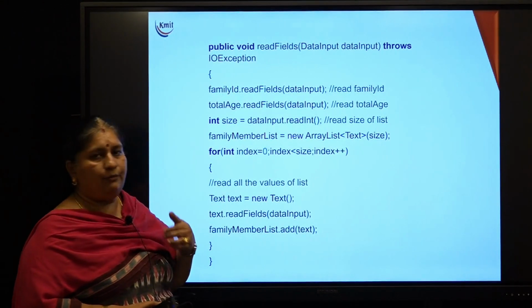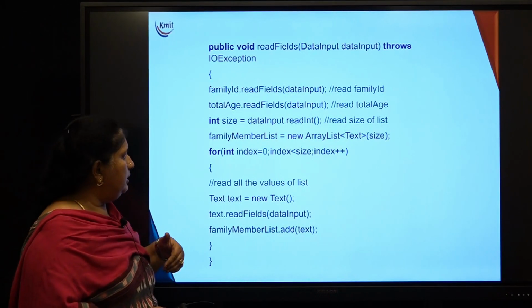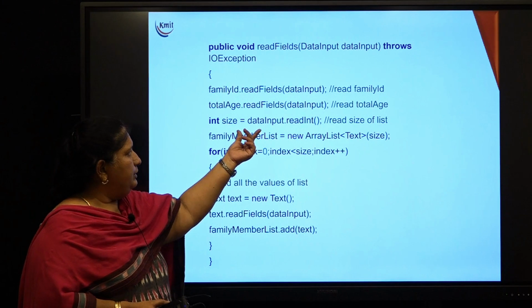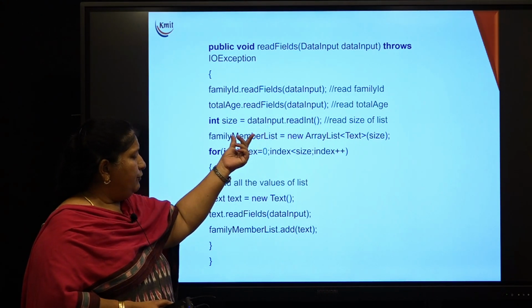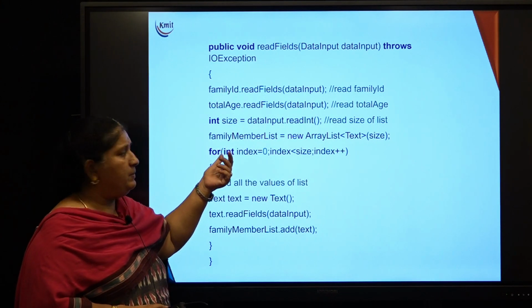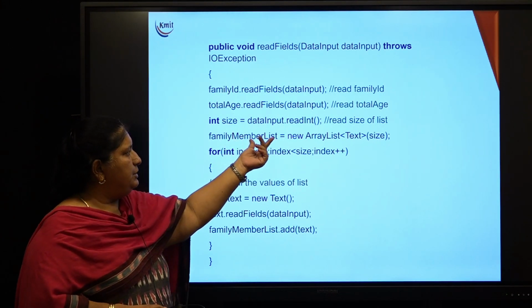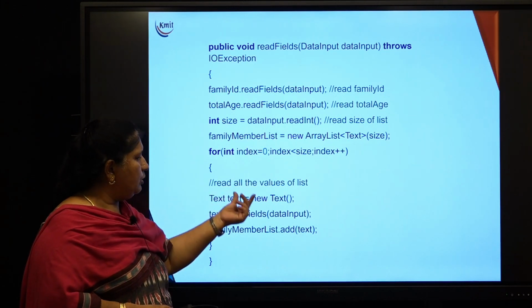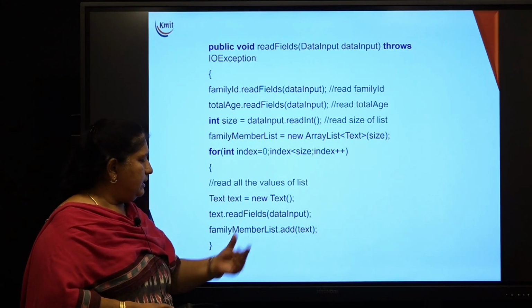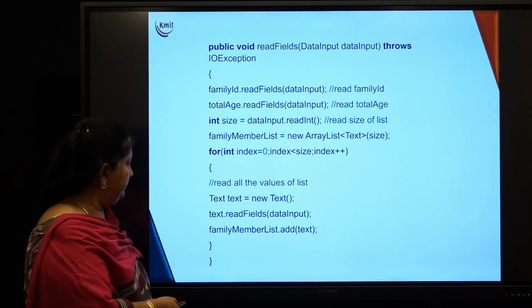You are trying to read the family ID, the total age, and you are also trying to read the size of the family members. For every family, how many members are there, and you are trying to initialize a list, put in the index the family members that are there, and add them.